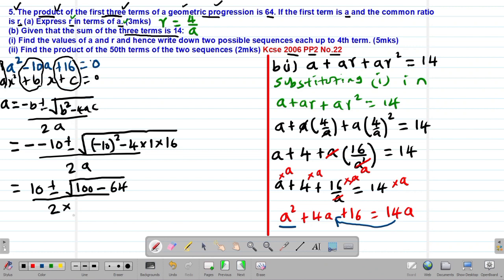Remember our value of a is actually 1. So here I'm supposed to substitute with 1 instead of a, because our value of a is actually 1, so times 1. So this one will just remain to be divided by 2. So when we simplify, this will actually give us a positive 10 plus or minus 100 minus 64 will get root 36, then divided by 2.